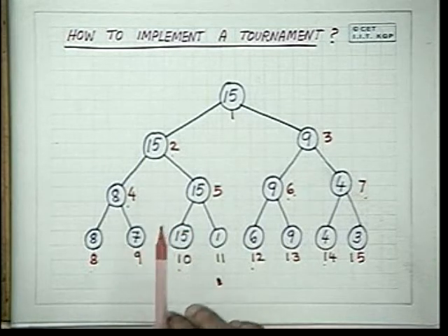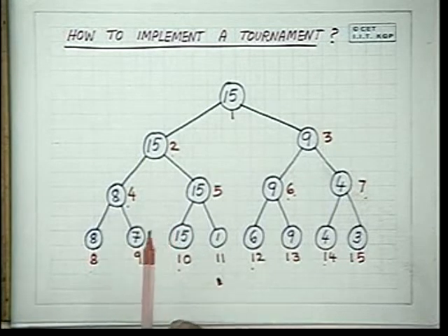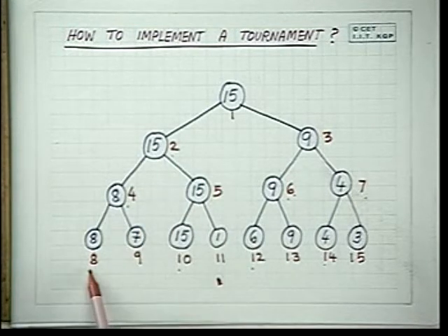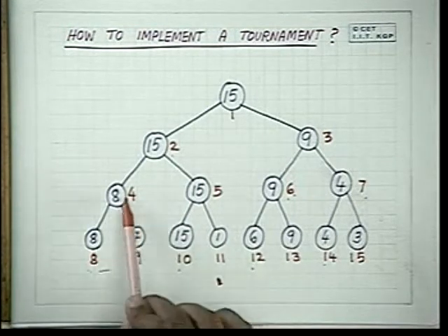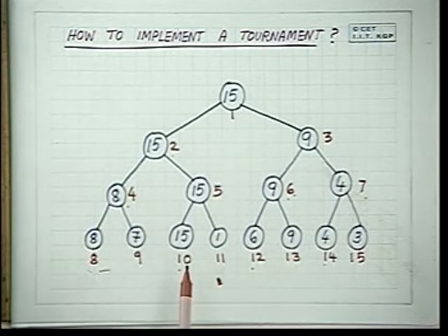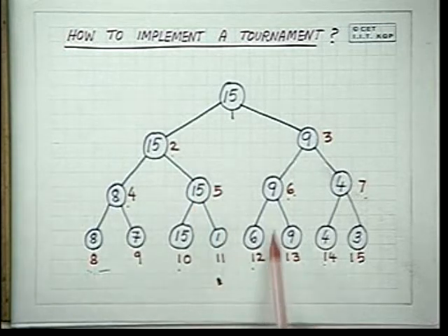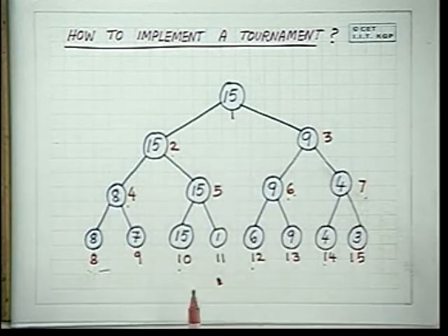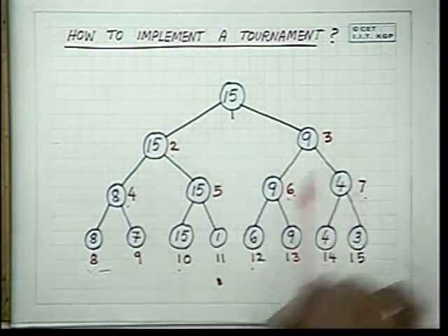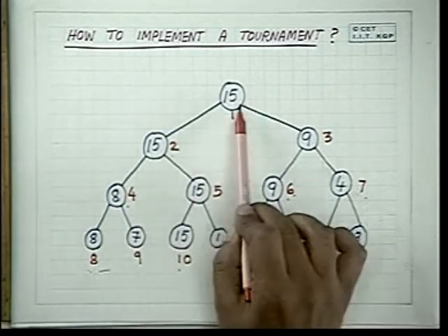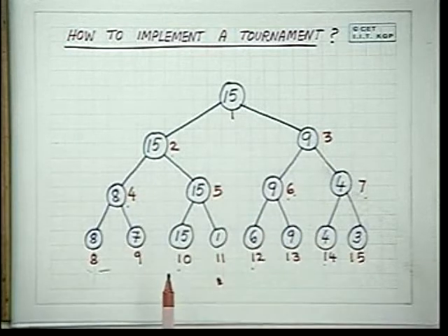And the result of their comparison goes into the index which is half of their index. 8 by 2 is 4, 9 by 2 is 4 if you do integer division. Similarly, 10 and 11 by 2 is 5. Here 14 and 15 by 2 is 7. 6 and 7 by 2 is 3. 4 by 2 or 5 by 2 is 2. 2 by 2 or 3 by 2 is 1.